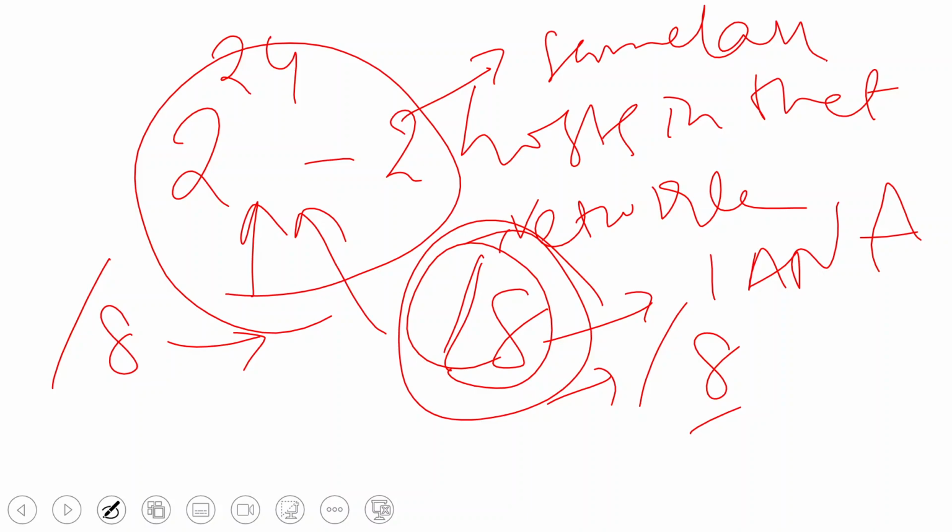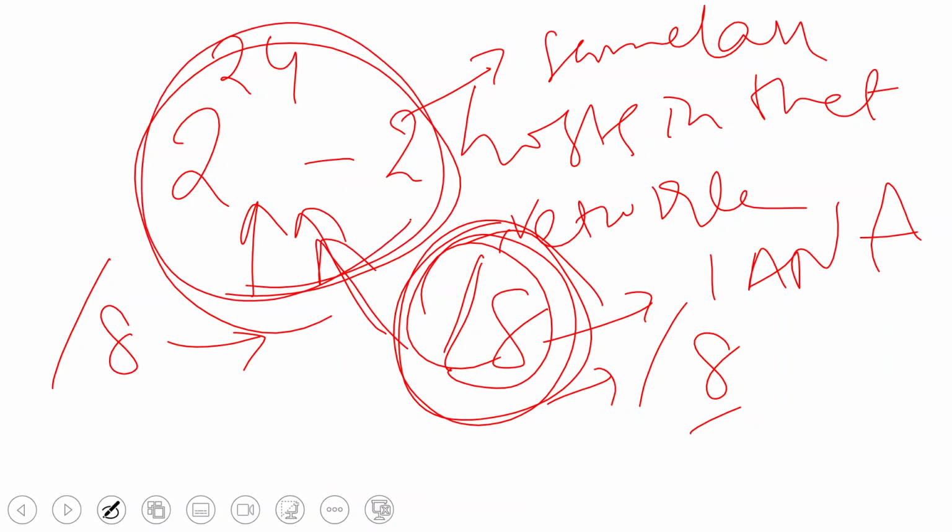That's the disadvantage of putting all 2 power 24 minus 2 hosts in the same IP address space. That's not a good idea for a network. That's not a feasible or working solution for your company, because all has to be in one network, and whenever you send a packet, everybody receives it.